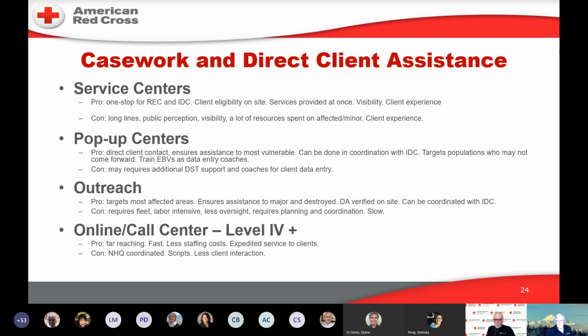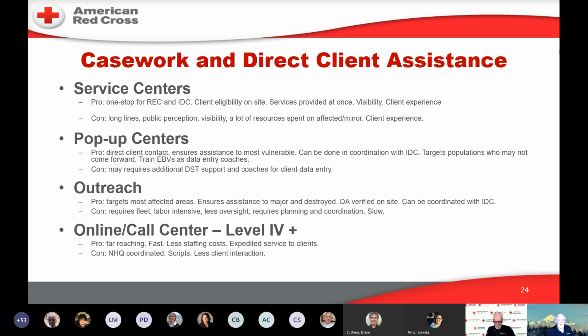There are pop-up centers. If we are working with individual assistance, or we are working with anything that has the client go online and sign up for the program, there are populations that either don't have access to the computers, the tablets that are needed to put in their information.